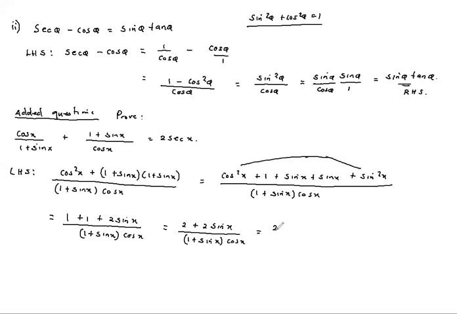So 2 is common there, we factor it out, and we remain with this over 1 plus sine x multiplied by cos x. So you can see that this part and this part are going, so you remain with 2 over cos x, which you can write as 2 times 1 over cos x, so that you can see that 1 over cos x is sec x, and this is the right answer as required.